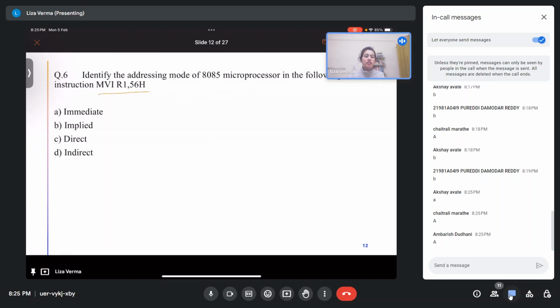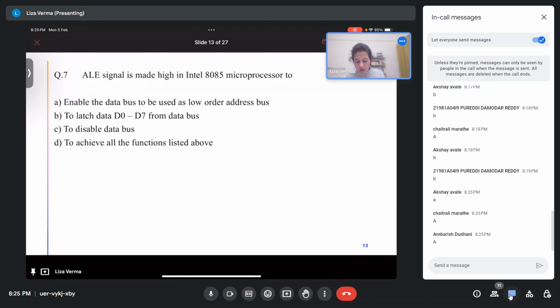This is easy. It is immediate, and MVI in the opcode is very indicative of what the addressing mode is. So this is immediate.